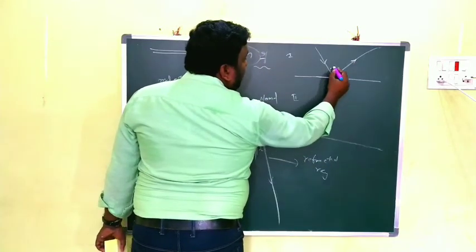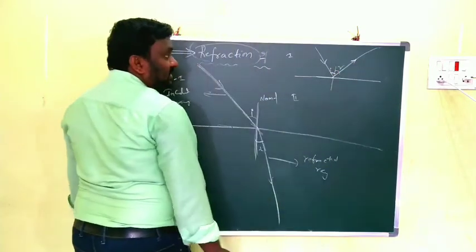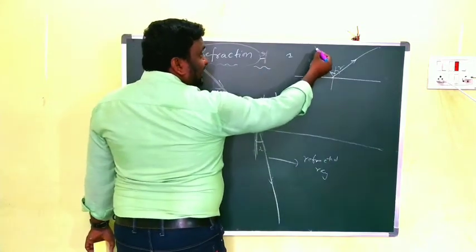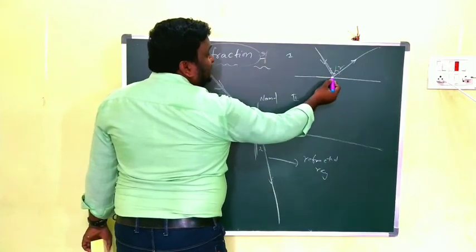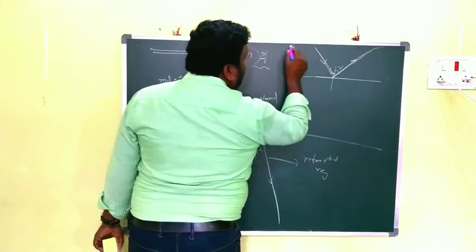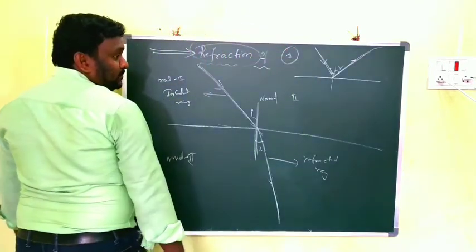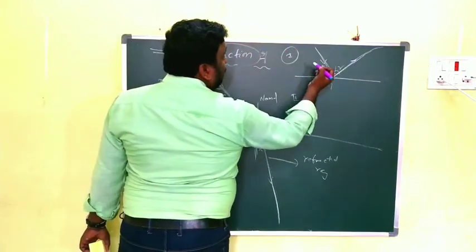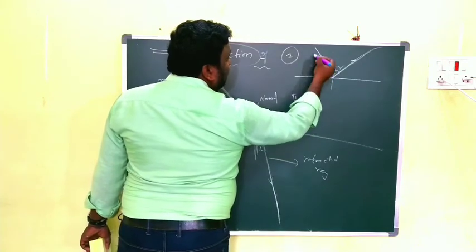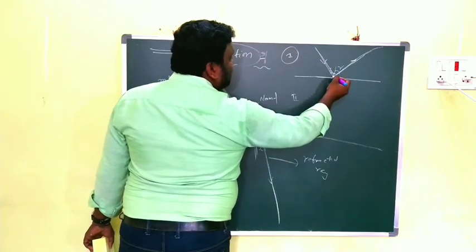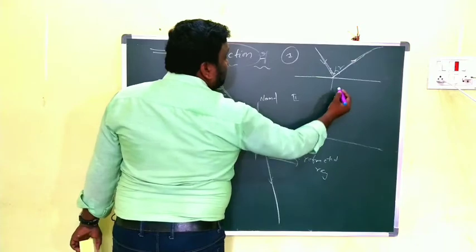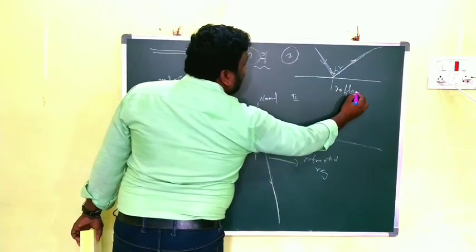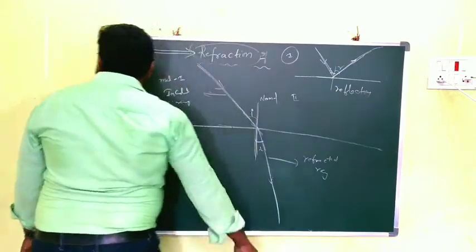This is the angle of i and this is the angle of r. Clear? In the case of reflection of light, the light goes back into the same medium 1. At the interface the light is reflected back into the same medium. That is what we call reflection.